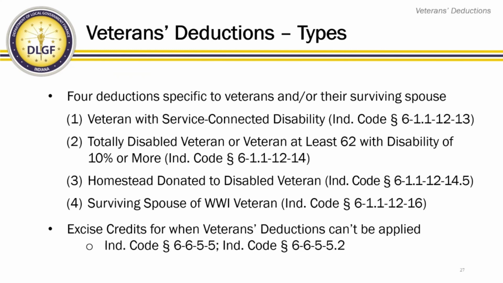This is sometimes called the partially disabled veterans deduction. The other one is what's commonly called the totally disabled veteran deduction. It also refers to veterans who are at least 62 years old with a partial disability. Sometimes it's also called the non-service connected deduction.